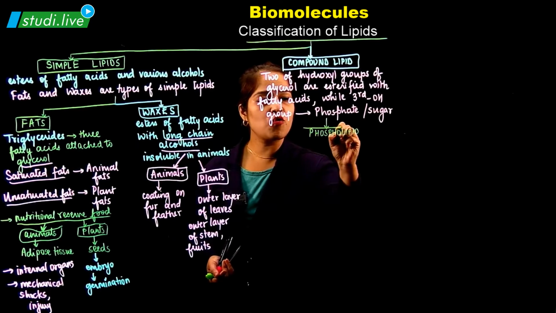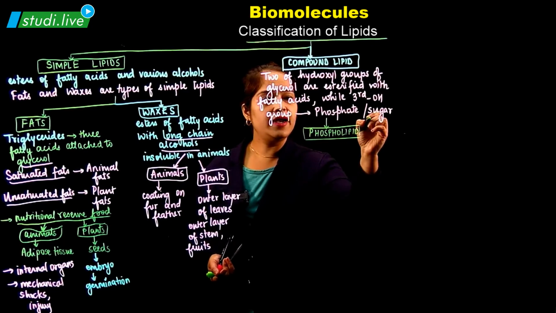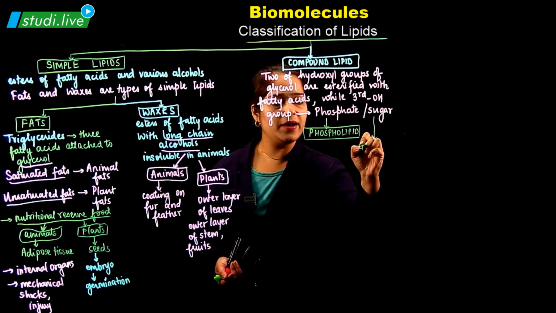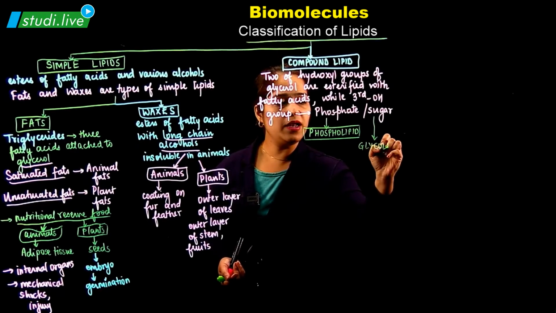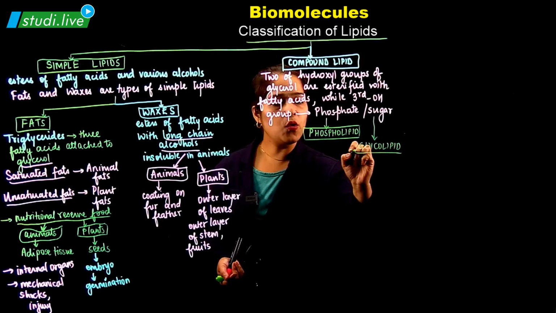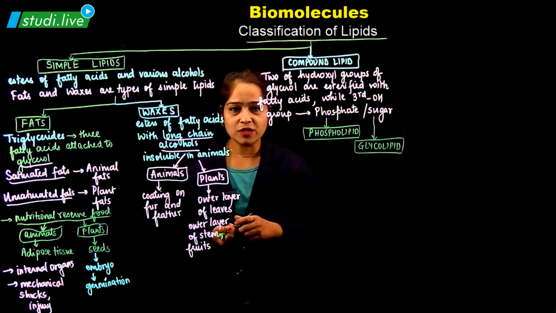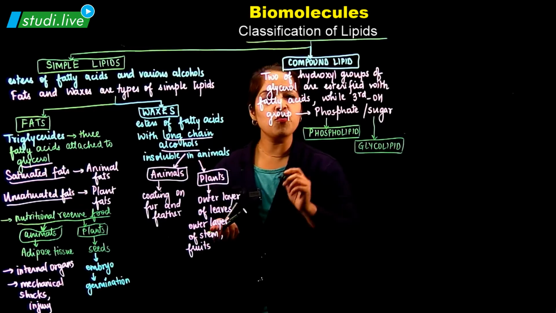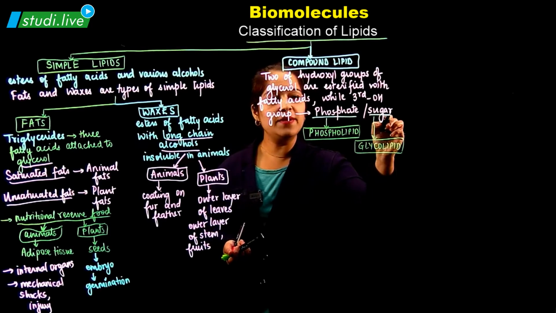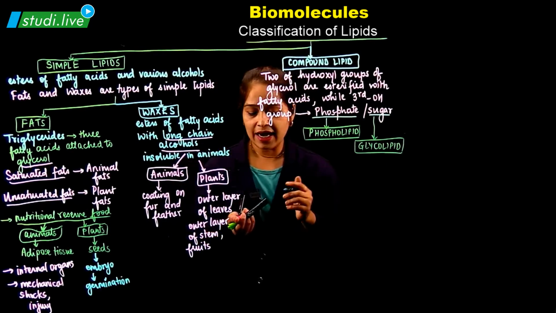When it is attached to a sugar molecule, it is called a glycolipid. So here we have an additional group which can be a phosphate group or a sugar group. So compound lipids include phospholipids and glycolipids.